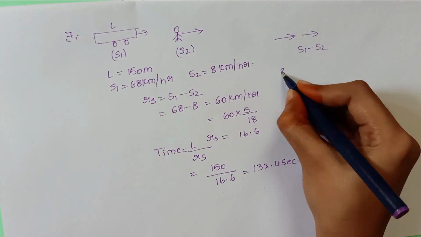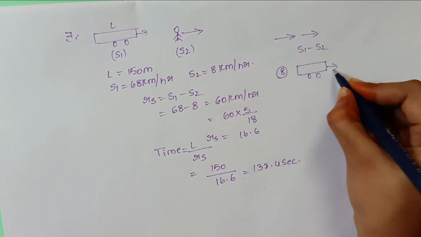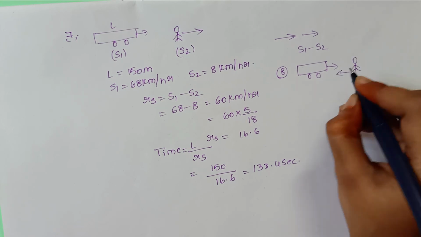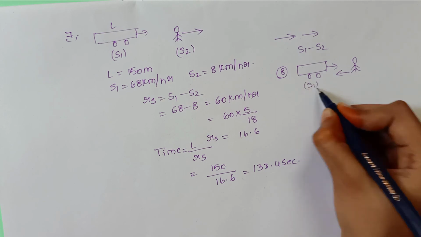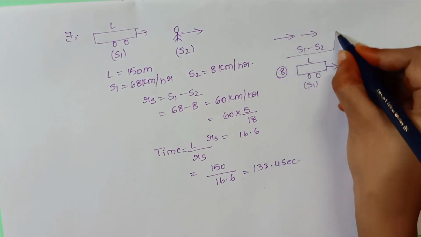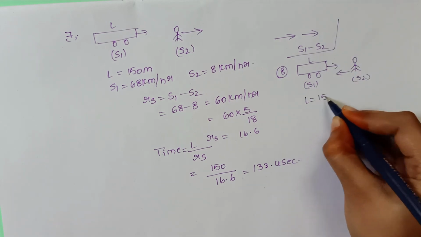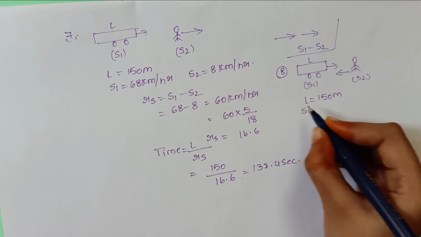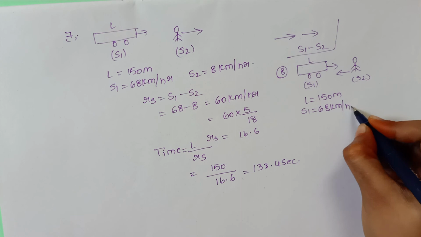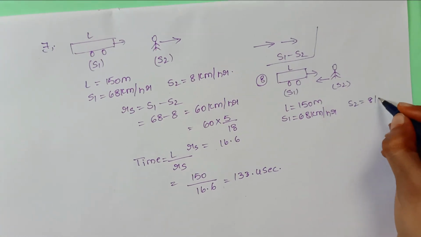Now, eighth example. When train is moving and person is also moving in opposite direction, where this is S1 and this is S2, length is L. Now, length is equals to 150 meters, same, S1 is equals to 68 km per hour, S2 is equals to 8 km per hour.